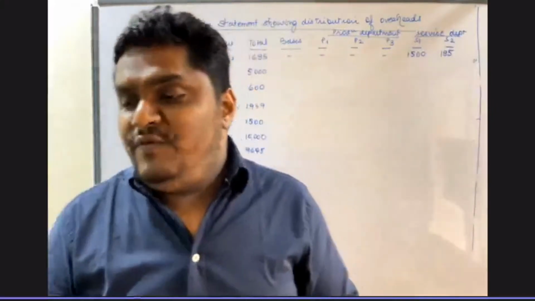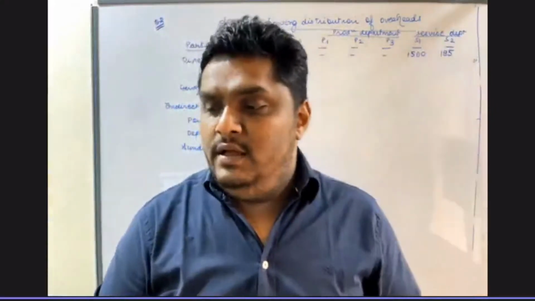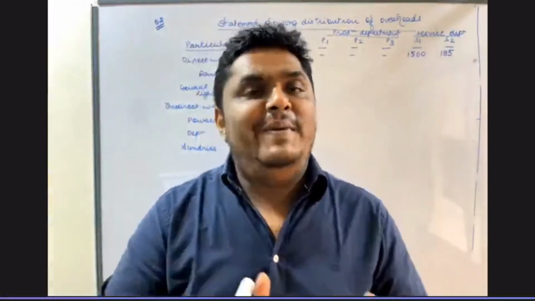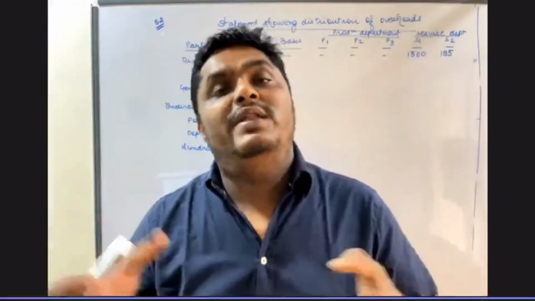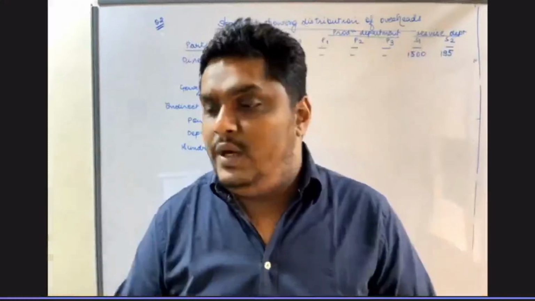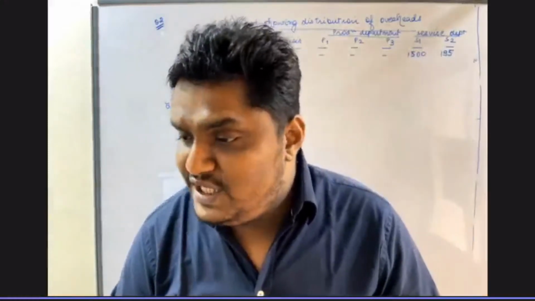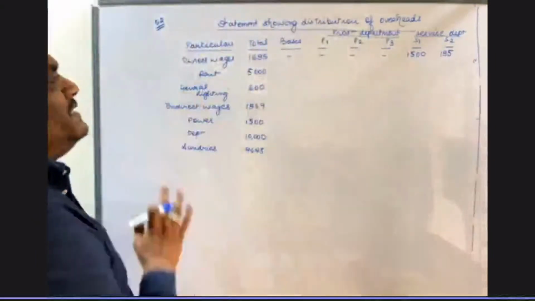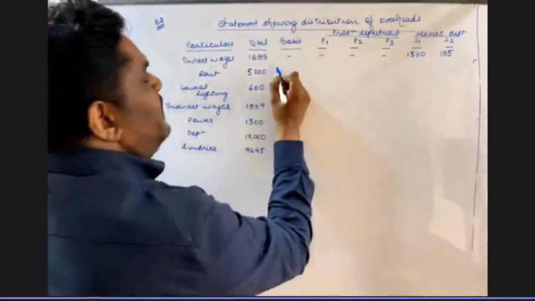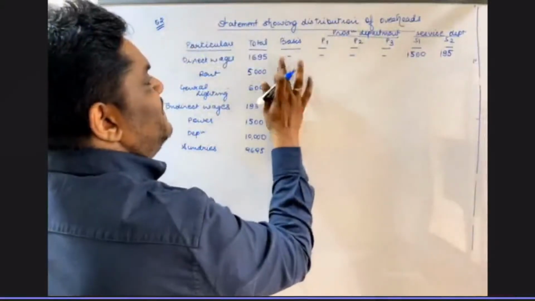So let's start with the first point, that is rent and rates. Now, rent is more or less dependent upon the area, that is floor area or area in square feet. So herein the information is given as regards floor space. So when talking about the basis of apportionment of rent, we will be using floor space as the basis of apportionment.